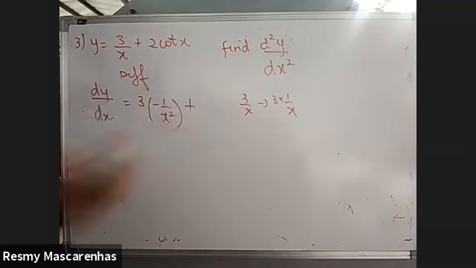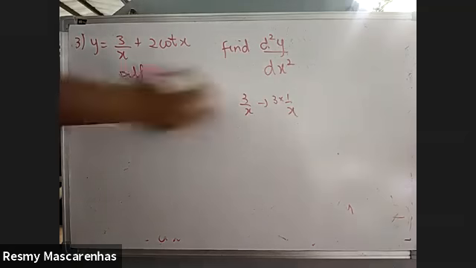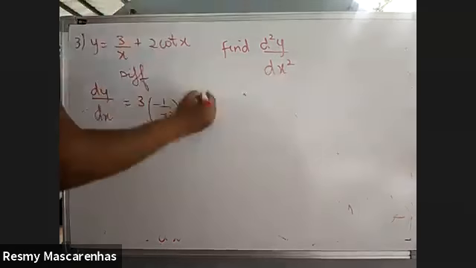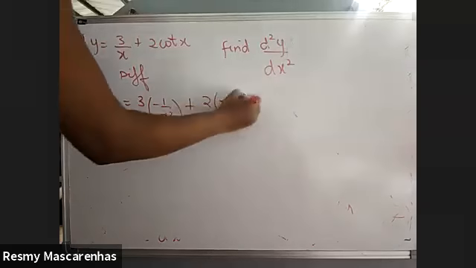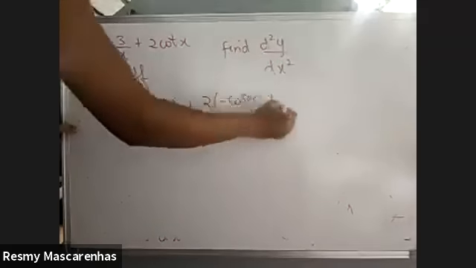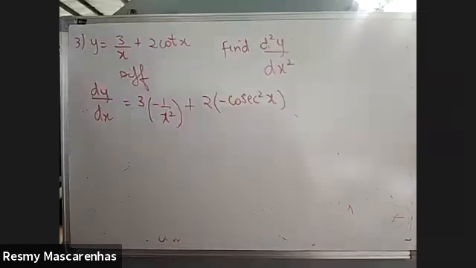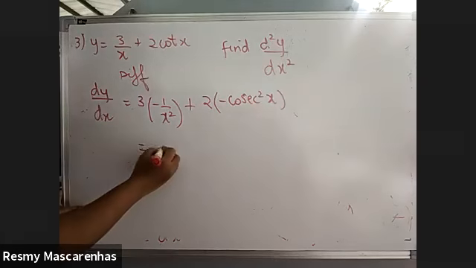Plus 2 into derivative of cot x, which is nothing but minus cosec square x. So this is your first order derivative.